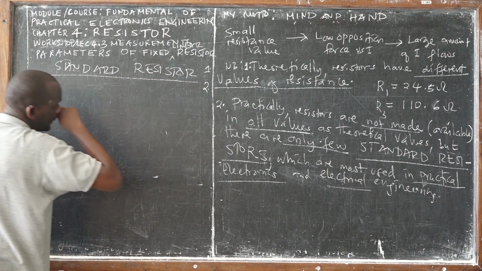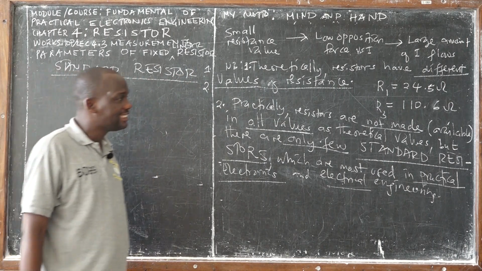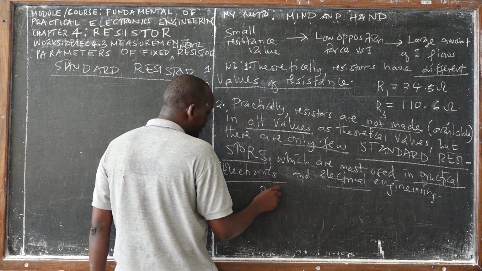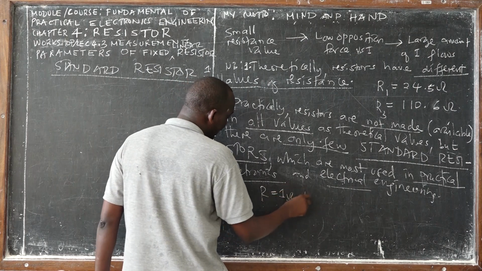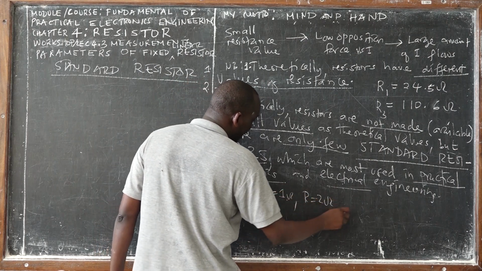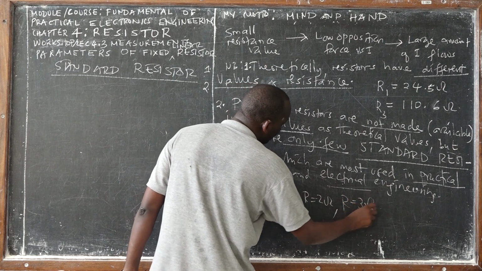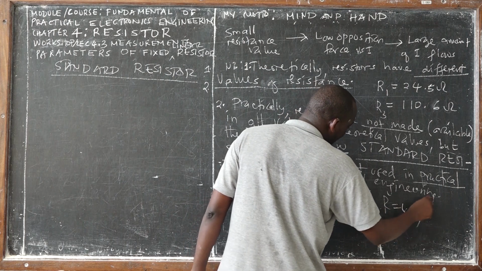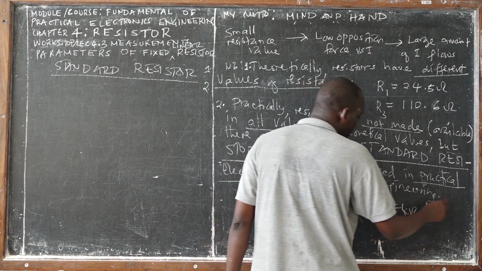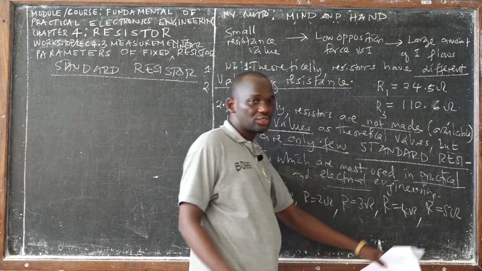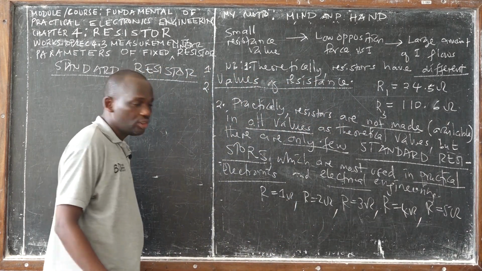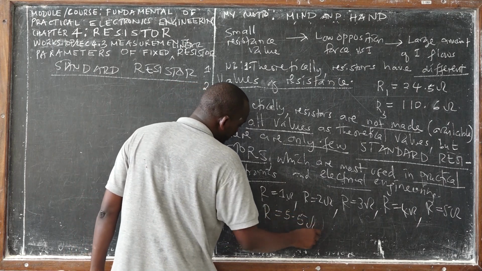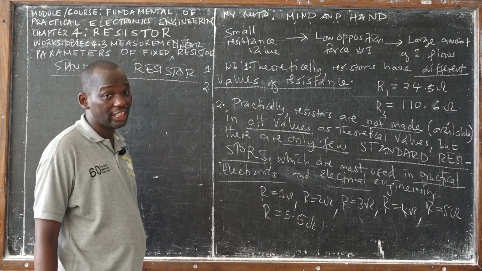When you say standard resistor, for instance, in calculation you can have a resistor of 1 ohm, another of 2 ohm, another of 3 ohm, theoretically of 4 ohm, of 5 ohm, etc. This is what you might think, right? Or maybe a resistor of 5.5 ohm, etc. This is what you might think theoretically.